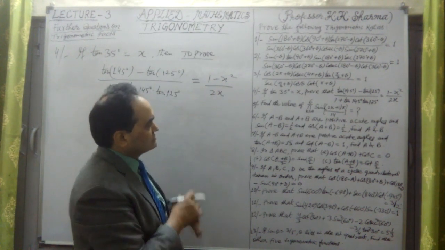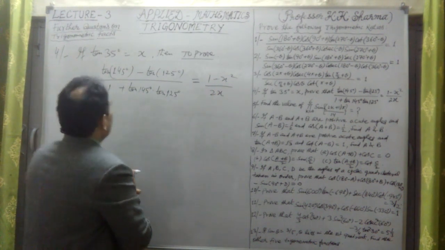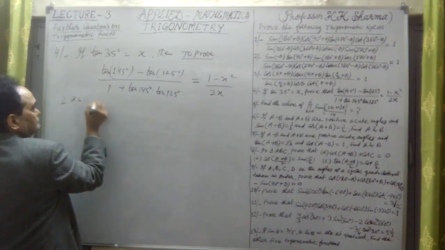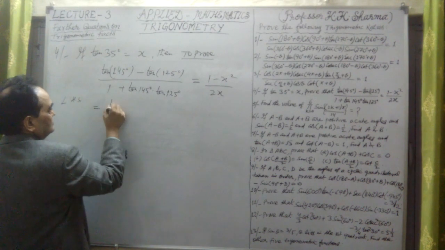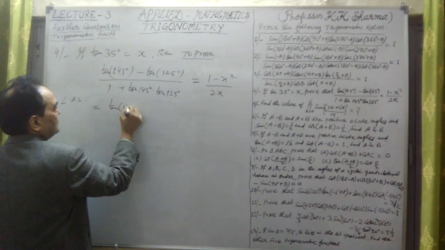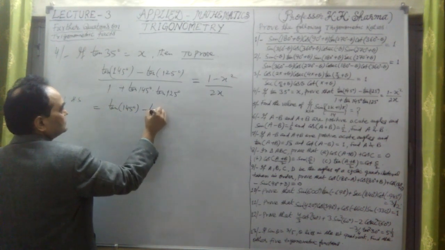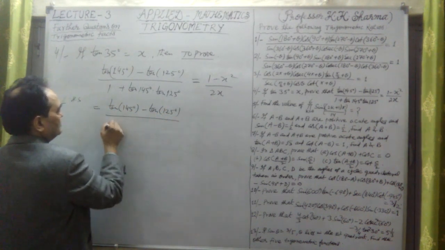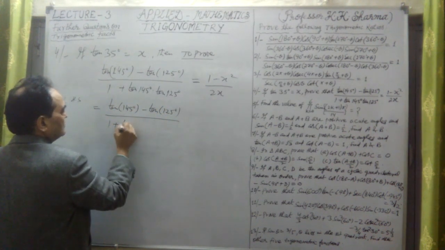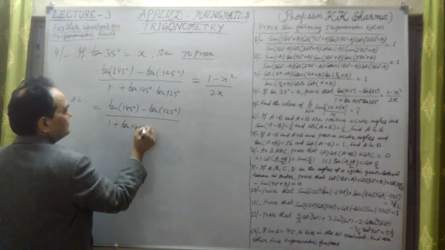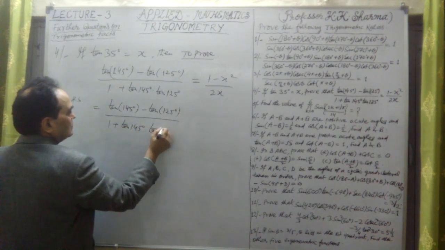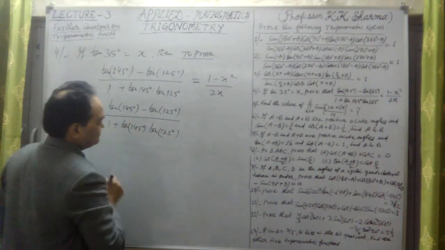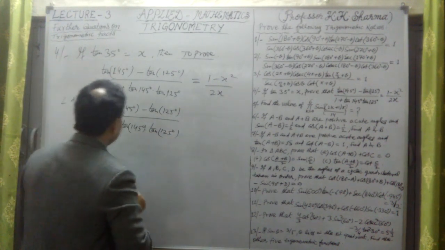Now let us talk about it. The left hand side is tan 145 degree minus tan 125 degree divided by 1 plus tan 145 degree into tan 125 degree. Now let us solve it.